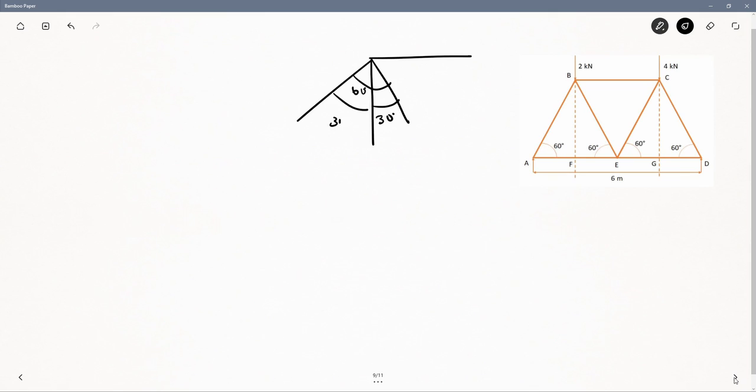Split into half, that is 30 degrees, and this angle will be again 60 degrees. This is the joint B. I have this vertical force 2 kilonewton. This force would be FBC. This would be FBE. This would be FBA.